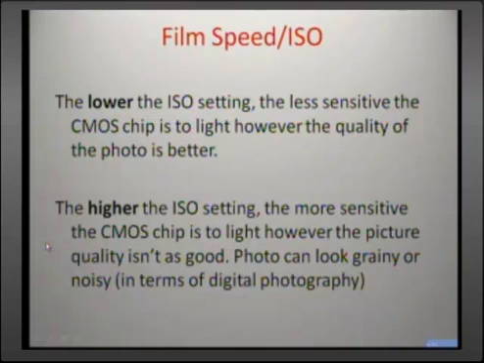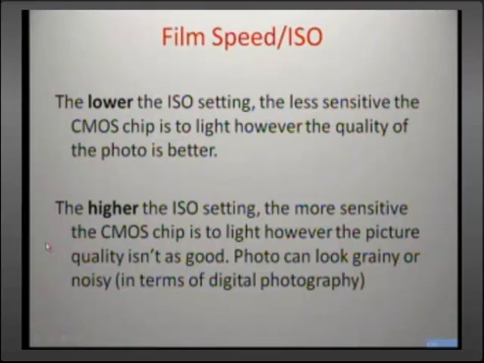When I'm talking about the CMOS chip, this would be in terms of digital photography today, because that is the computer chip in the camera, just much like film would be in a traditional film camera. So we are exposing light on the CMOS chip, and just keep in mind that the lower the ISO setting, the better your photography will look in terms of sharpness and resolution.